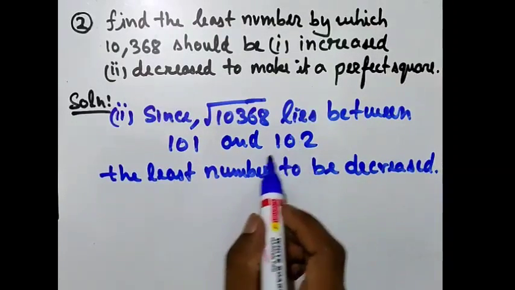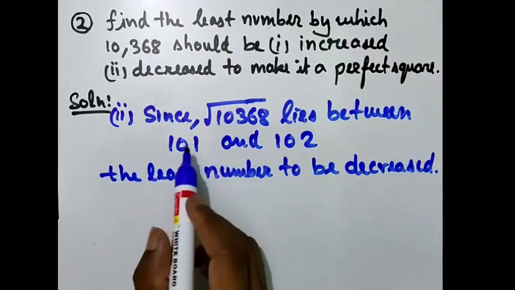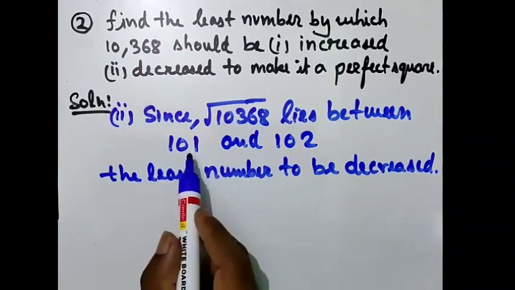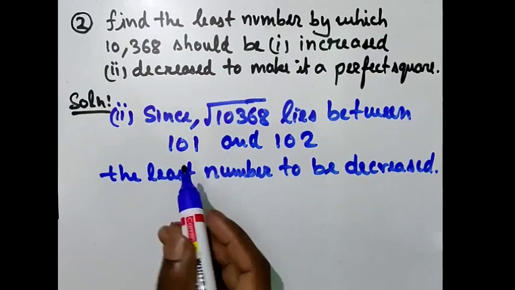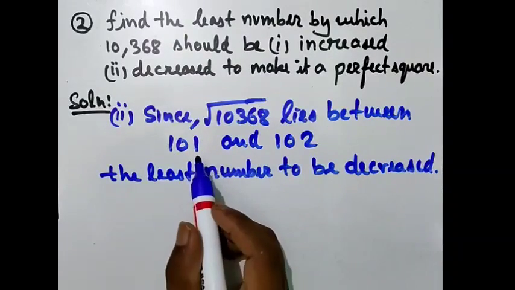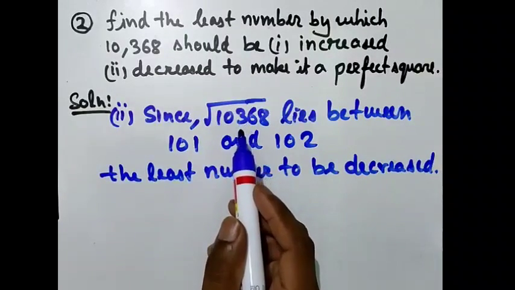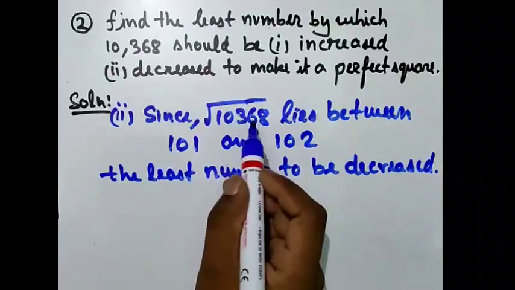because the next perfect square which is less than 10,368 will be the square of 101, right? So we have to decrease it. So we have to decrease 101 square from this, and we'll find the difference, that is how much should be reduced from this.